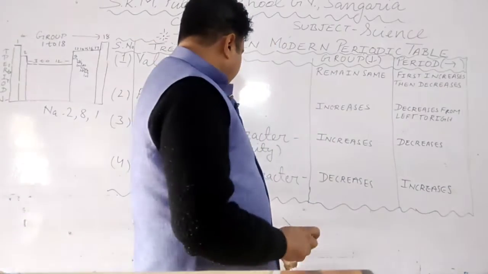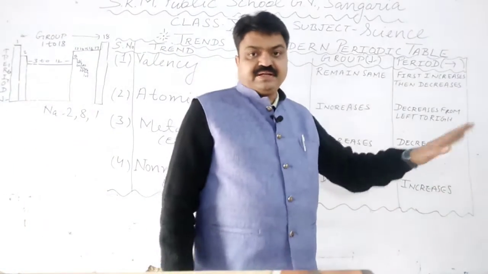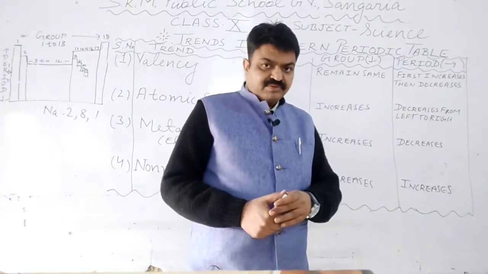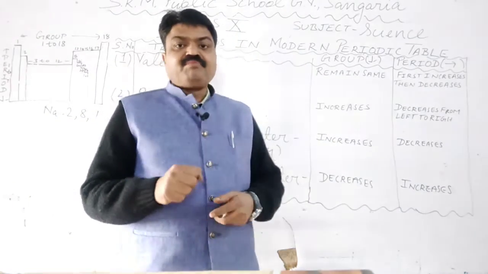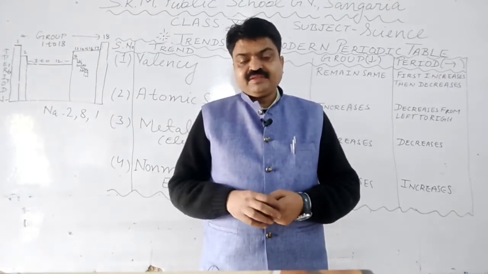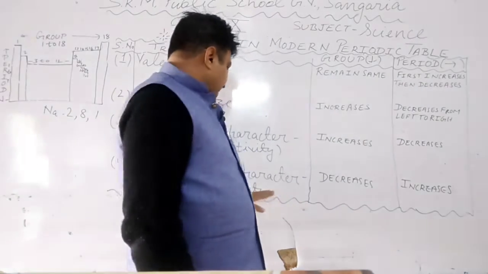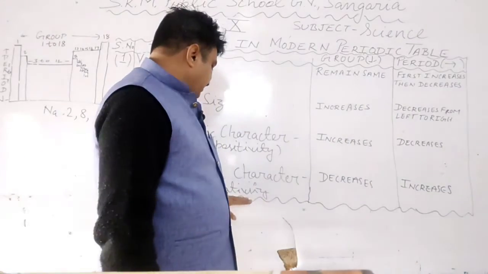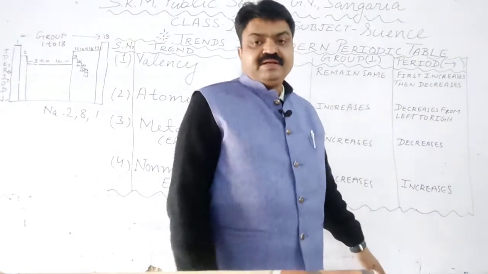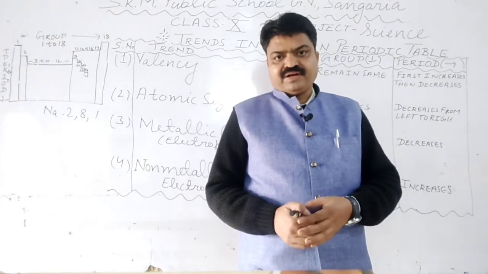So their electron gaining capacity increases from left to right because they can accept more electrons due to the increasing nuclear charge. So their electron gaining capacity or electronegativity increases from left to right.